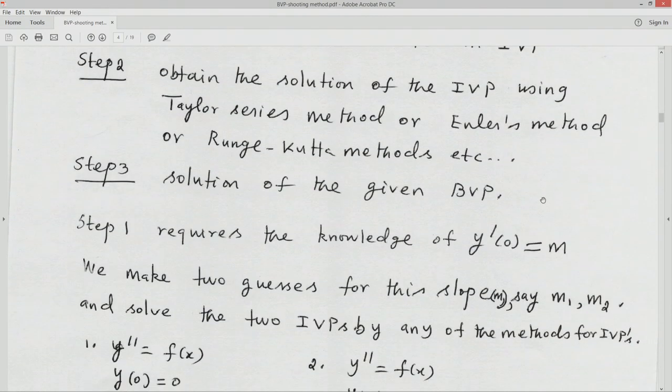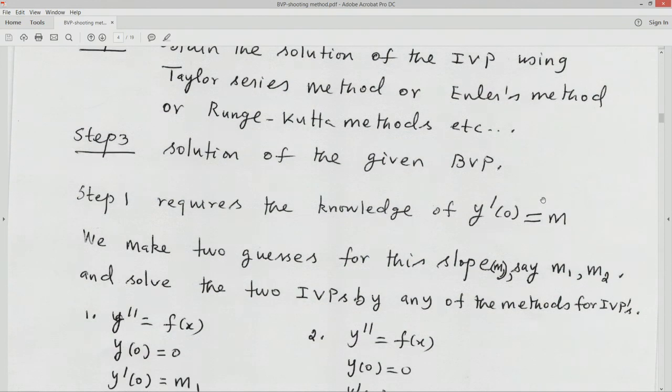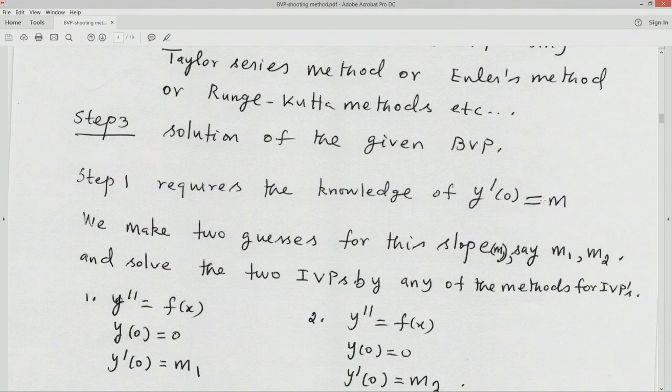And in step 2, we should obtain the solution of these two initial value problems using any of the techniques that we have already learnt. And step 3 is to combine the solutions of the two initial value problems and then generate the solution of the given boundary value problem, and we know that this is possible in the case of linear boundary value problems.